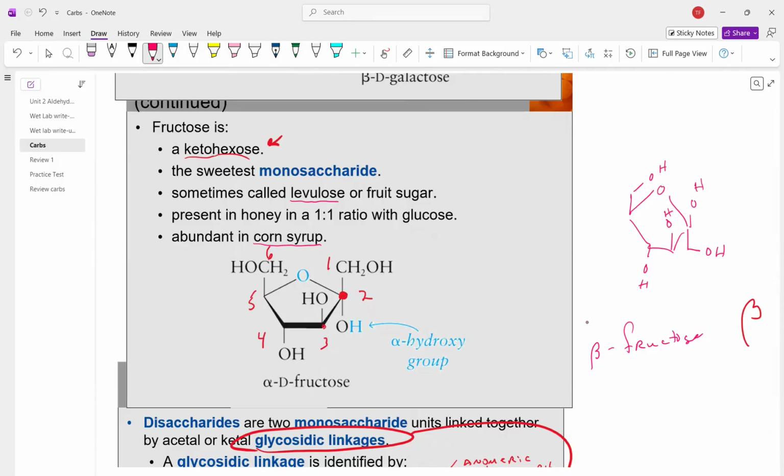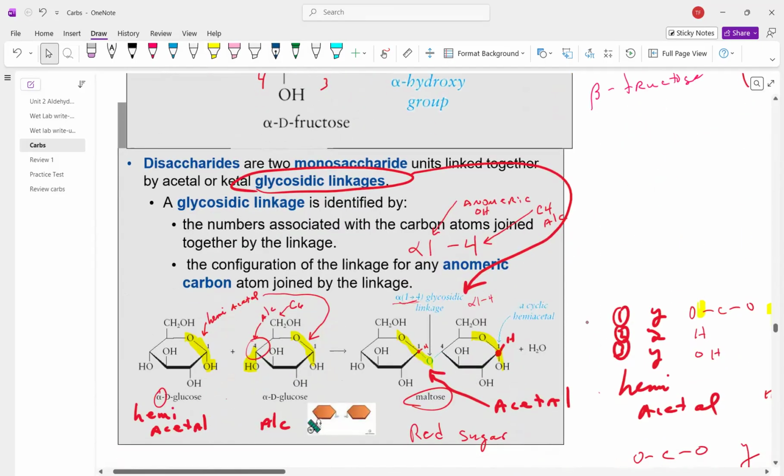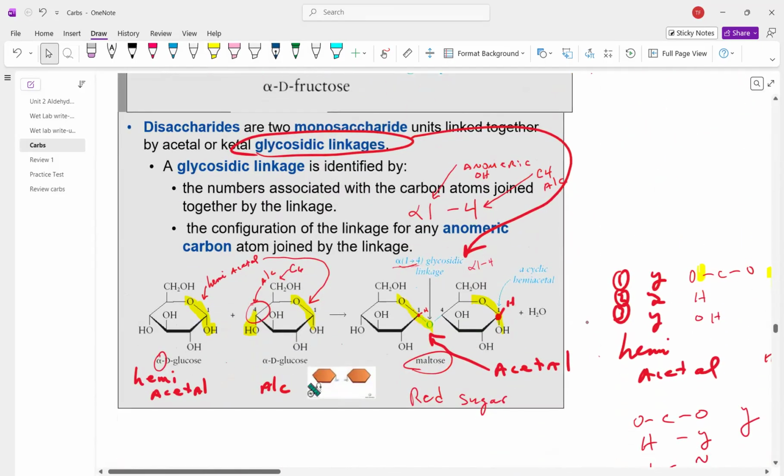Well, you need to know the structure when you do the reaction. All right. We can link, if it's a hemiacetal, we can link it to any of the carbs.